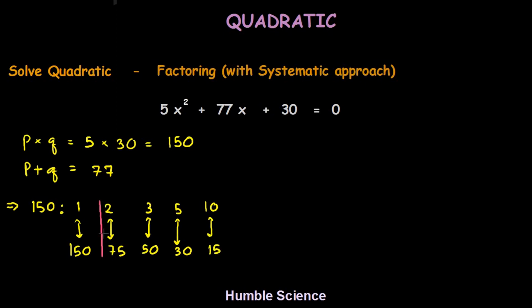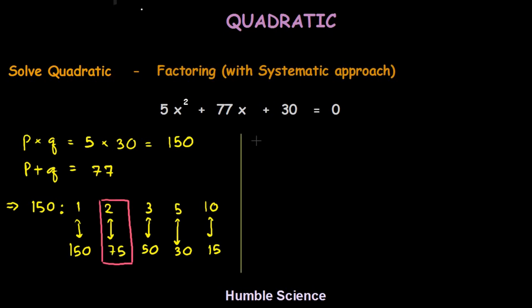And only 2 and 75 give P plus Q equal to 77. So we will use 2 and 75 in the factors.